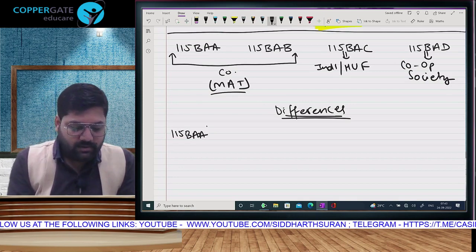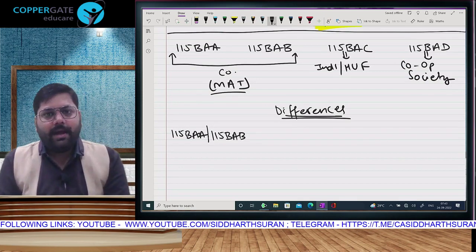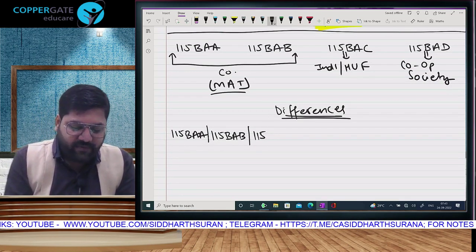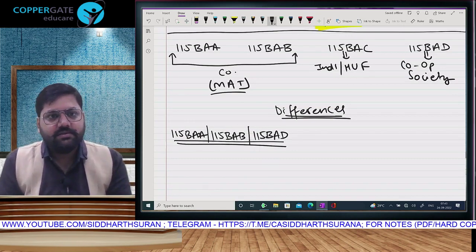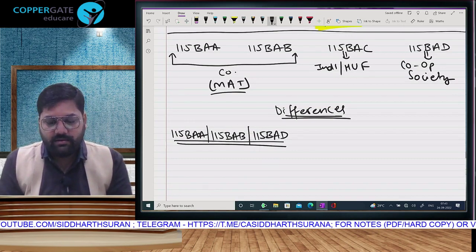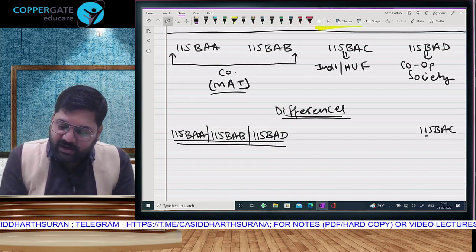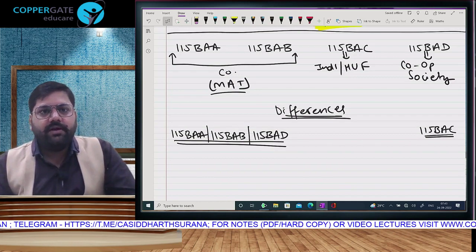Company. 115BAB is applicable to which assessee? Company. 115BAD is applicable to which assessee? Cooperative society. Those are a little different from 115BAC, which is applicable to individual and HUF.